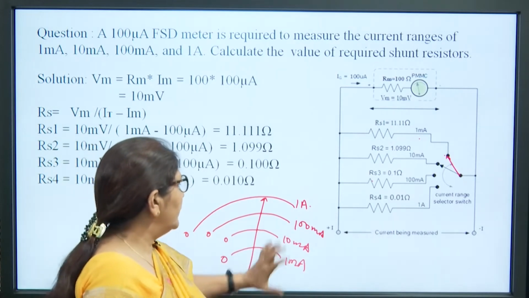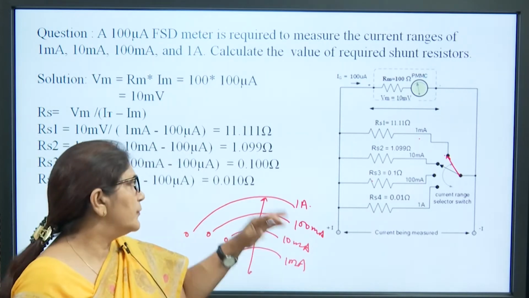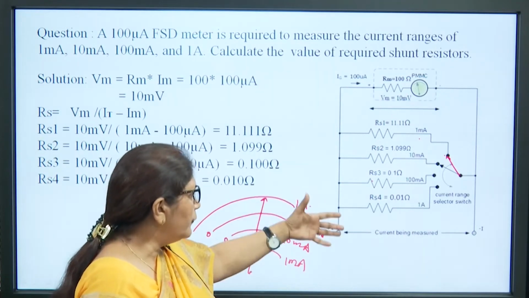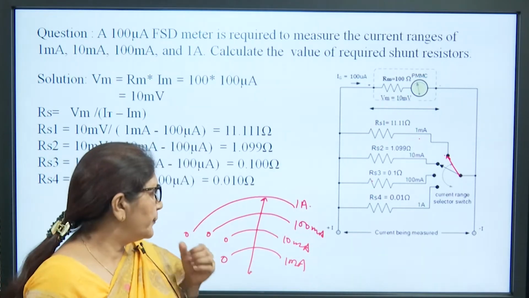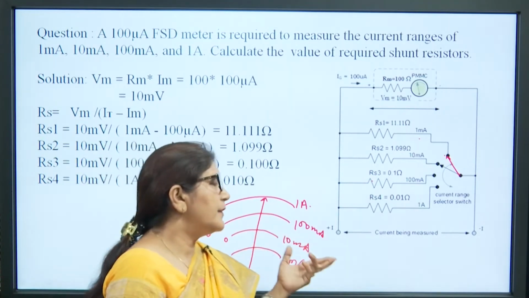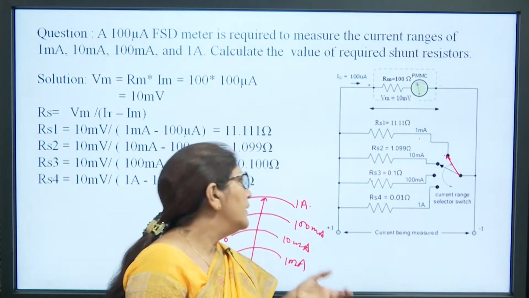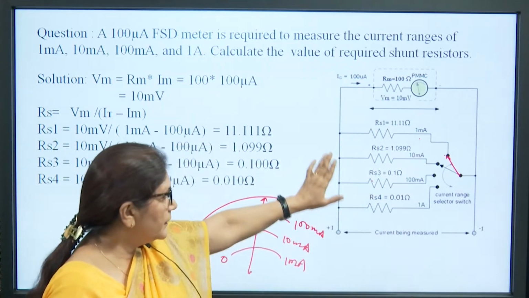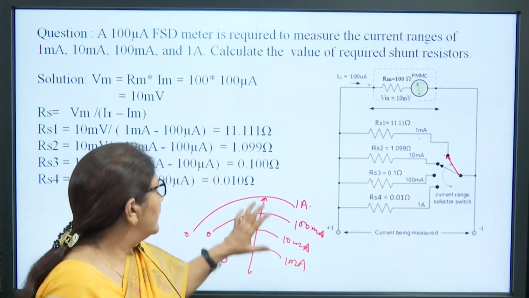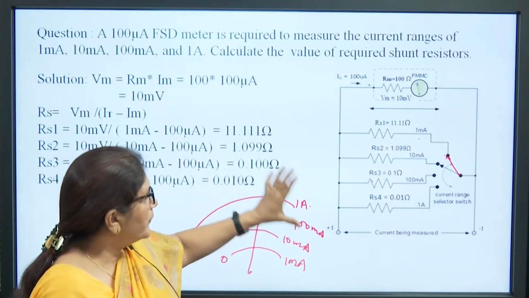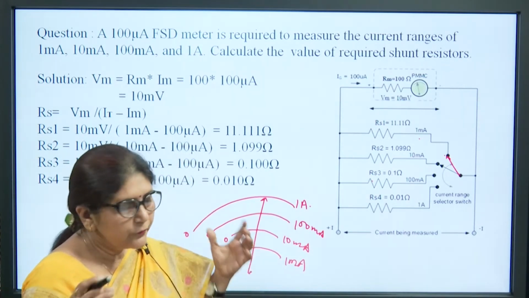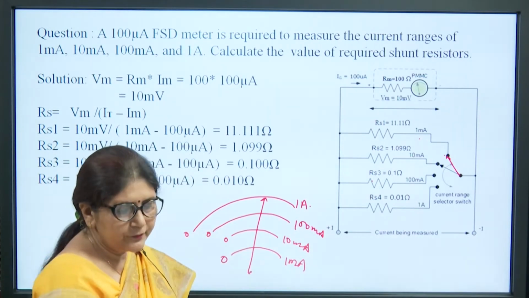So, what we can say is that the accuracy of measurement depends on this resistance, because the resistance has some plus-minus tolerance values. The resistance value is changing very much, which is why this type of arrangement is not preferred, because there is so much difference in the values of resistances.